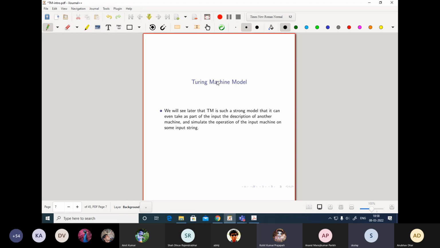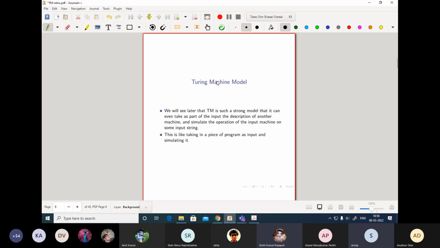You can simulate the actions of M on this input by another Turing machine, and you can do this for every such M. So you can think of it as a universal Turing machine where you don't have to specify which problem this machine is solving. You give me any problem, and suppose that problem is solvable by some Turing machine, then you will be able to exactly simulate that particular Turing machine in this universal Turing machine.